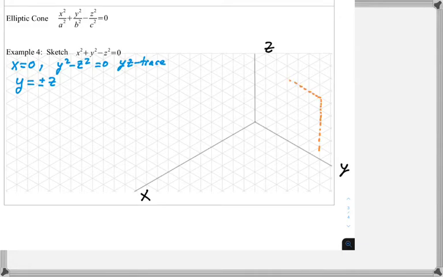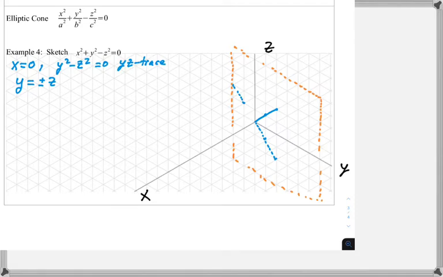So first we'll put in the yz just for some perspective. When z is 1, y would be 1, z is 2, y would be 2, and likewise z being 1, the y would be negative 1 and negative 2 because of that plus minus.